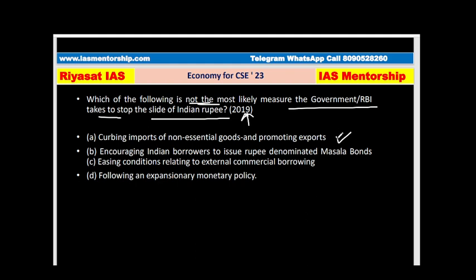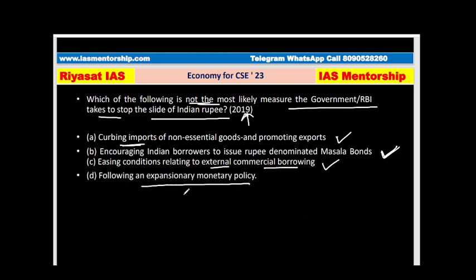Clear? It will do because we need to curb imports to stop the slide in value. Encouraging Indian borrowers to issue rupee denominated masala bonds, the government will obviously be doing. Easing conditions related to external commercial borrowing, this is also a positive thing.